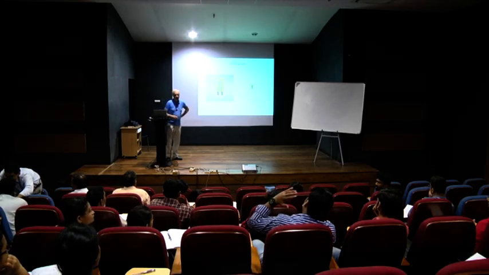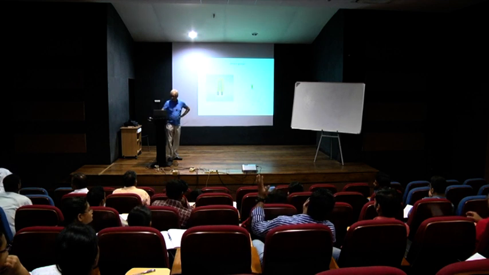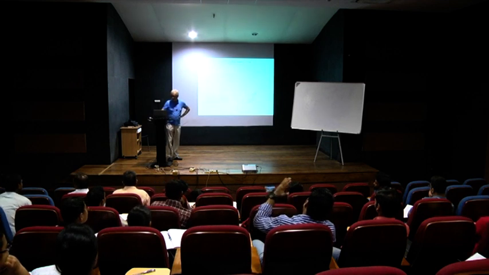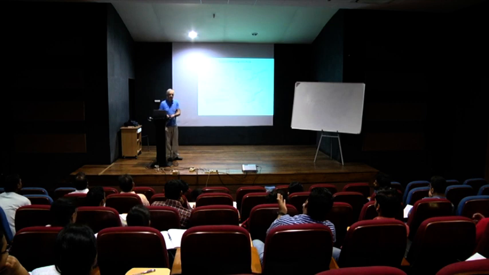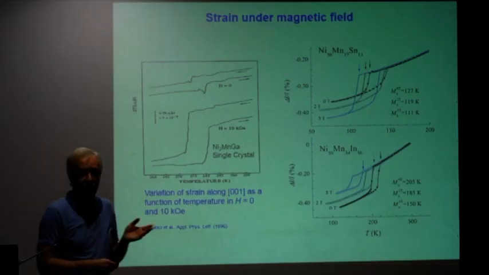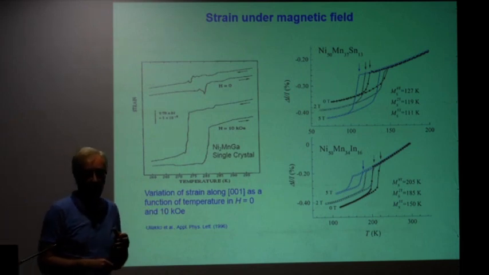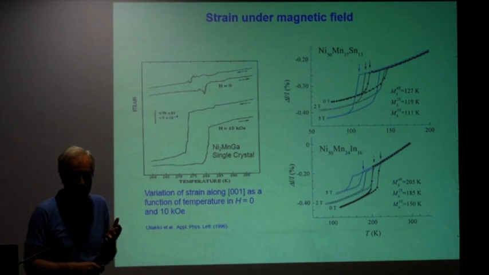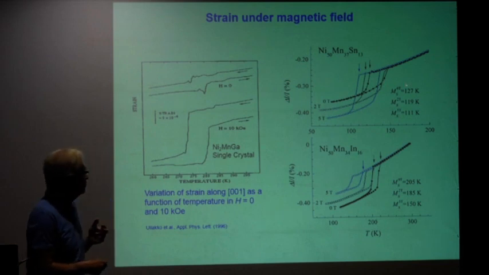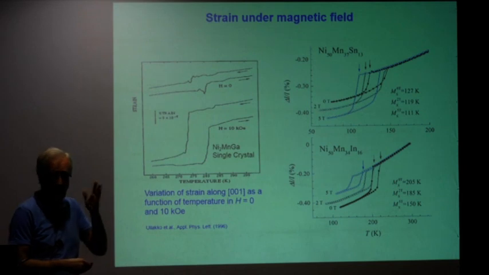Then what is causing the hysteresis? The strain and the variation of strain is along the same axis. So what is actually causing the hysteresis? This hysteresis here, you mean? Yeah. Okay, this is the martensitic transition. In the martensitic transition, you'll see a hysteresis in whatever you measure. These arrows here show the martensite start, martensite finish, austenite start and austenite finish, almost.